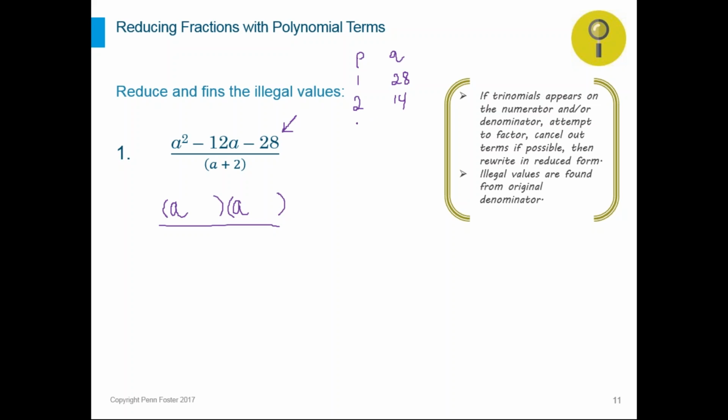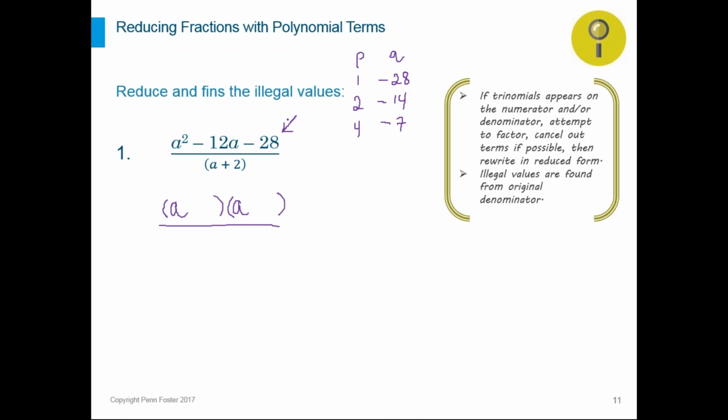Another option is 4 and 7. Now, since we multiply them together and get a negative answer, negative 28, one of those values has to be negative. But which one? Are the Q's negative or the P's negative? Well, since we add them and we get a negative answer, it means that the bigger values here are the negatives.